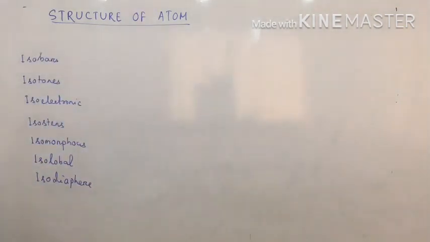Then the next part is the meaning of isobar. Isobars are elements having the same mass number but different atomic number.